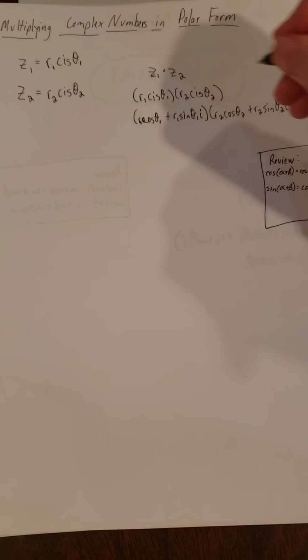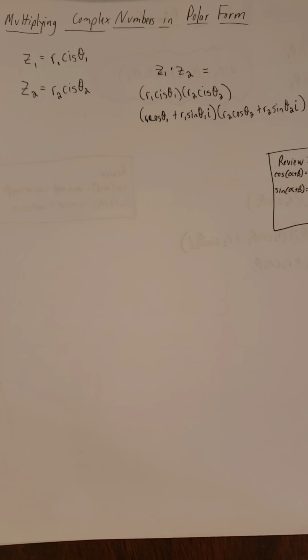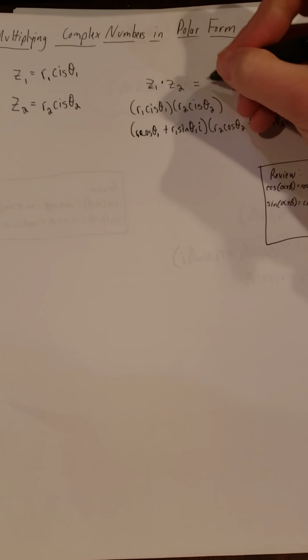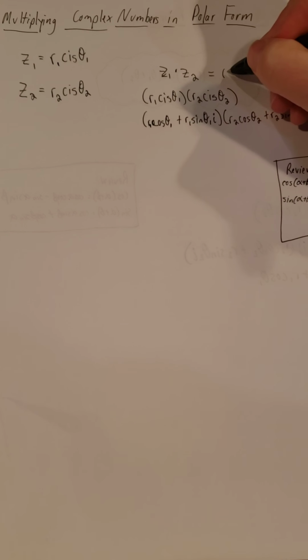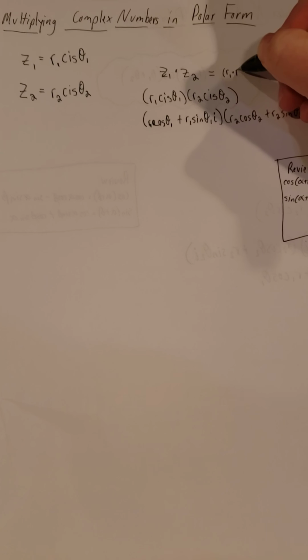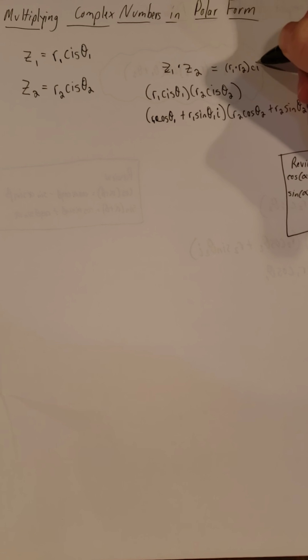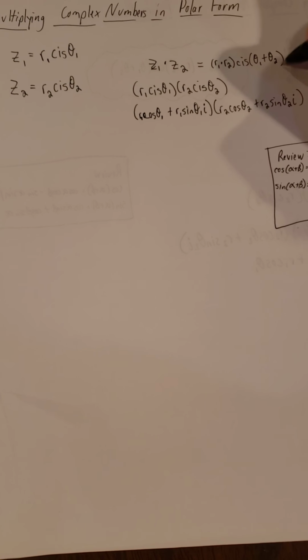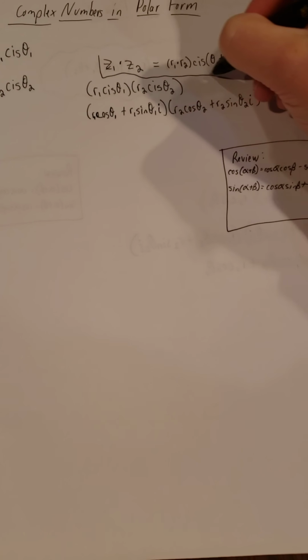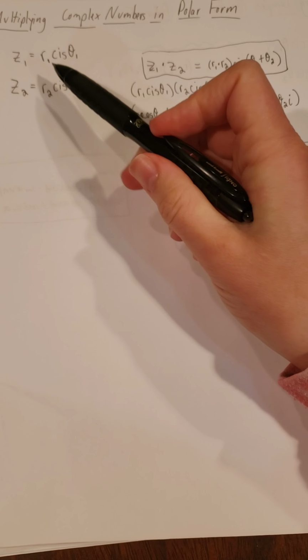What that will multiply to is you multiply the r's together, so r1 times r2 cis, and then you actually add the two thetas together. So if you have to multiply two complex numbers together in polar form, you multiply the r's together and you add the thetas, and then that is your product.